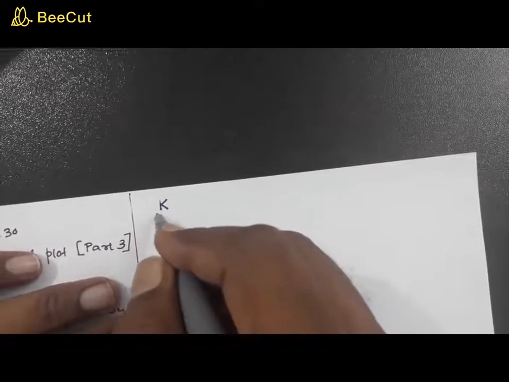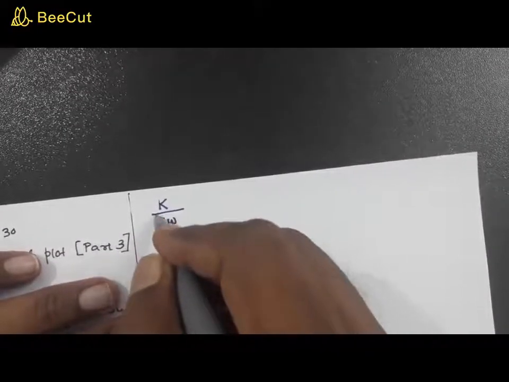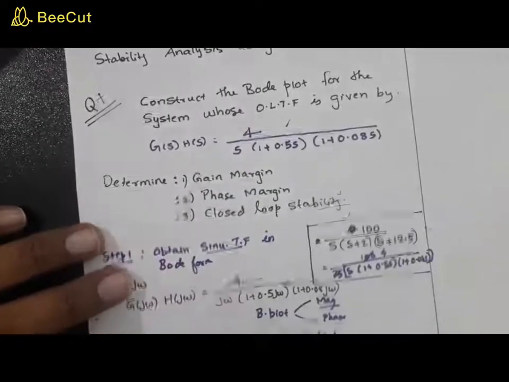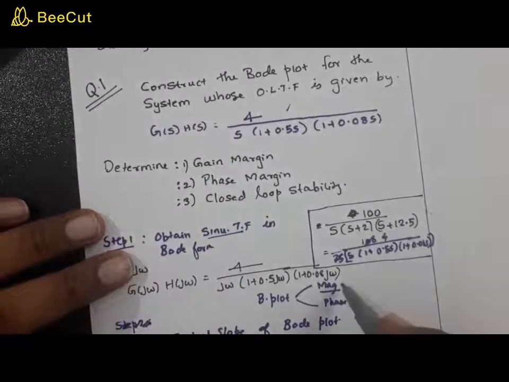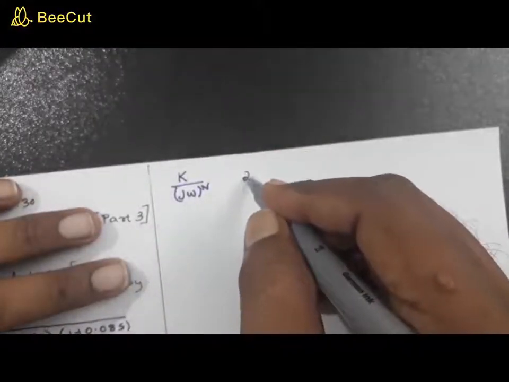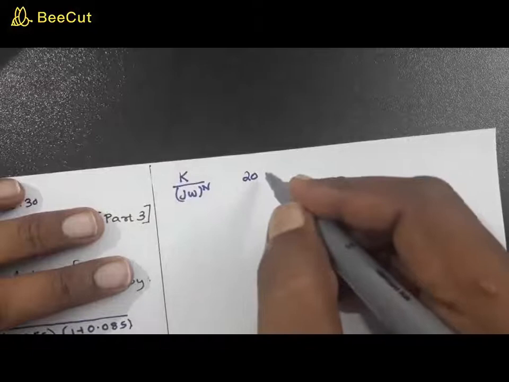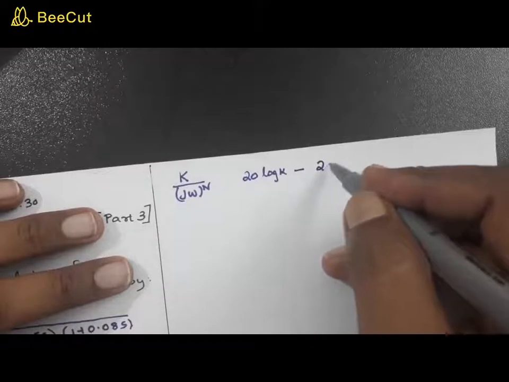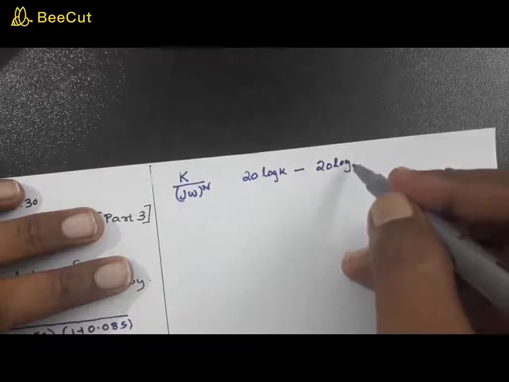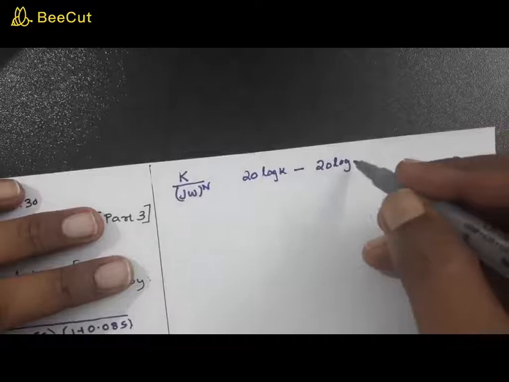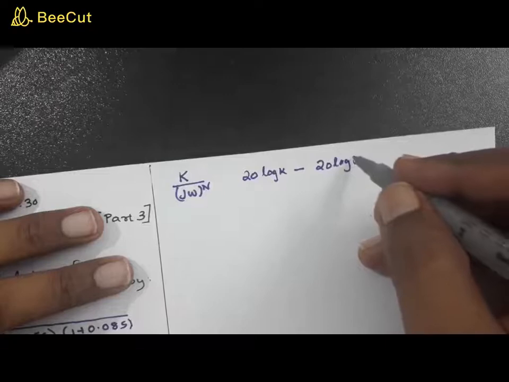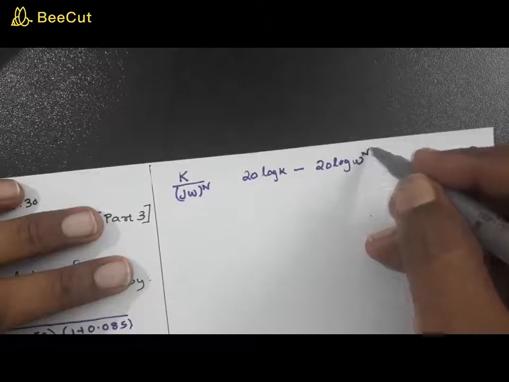Say consider a constant k by (j omega) raised to n. Now how to find out the magnitude? This step is exclusively for finding out the magnitude plot. So when you take this magnitude in decibel, this will be 20 log k minus 20 log the magnitude of j omega, which is root of omega square, the whole raised to n.